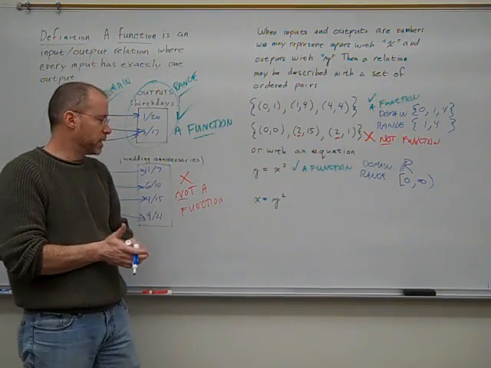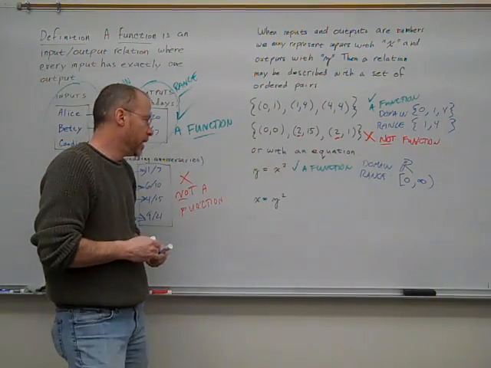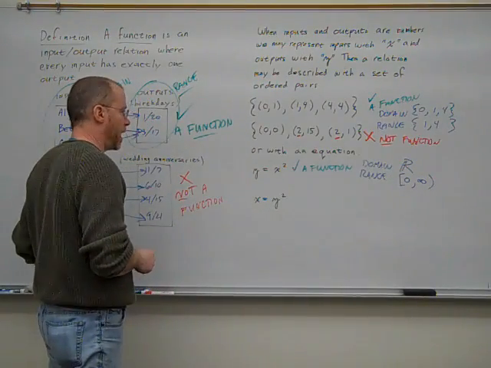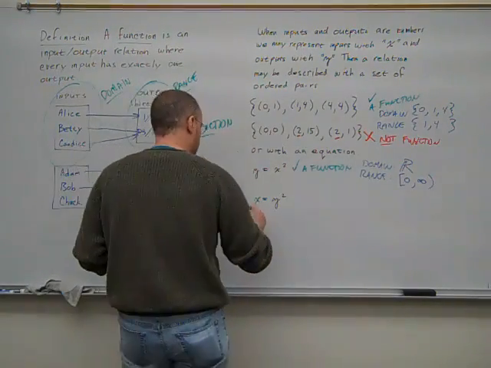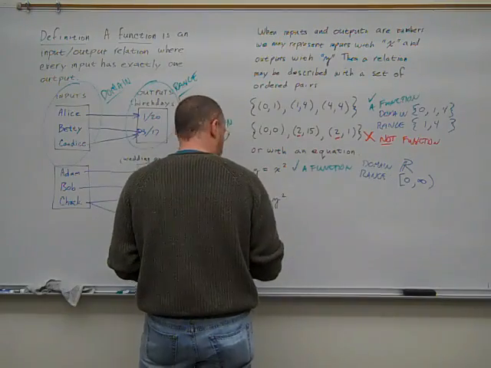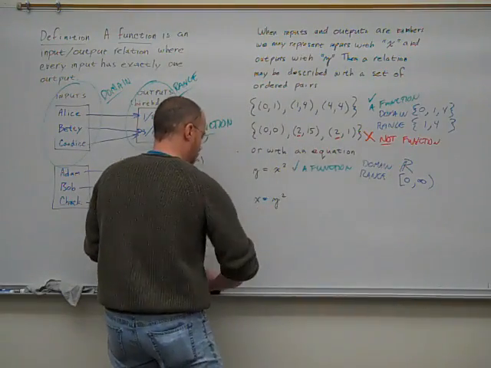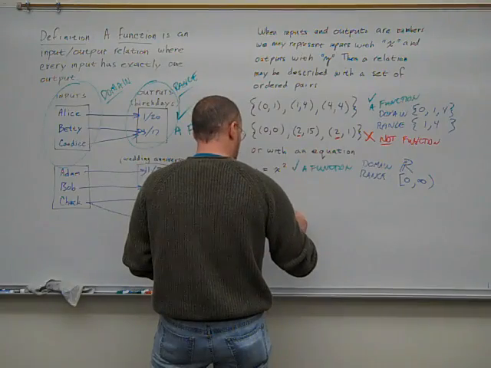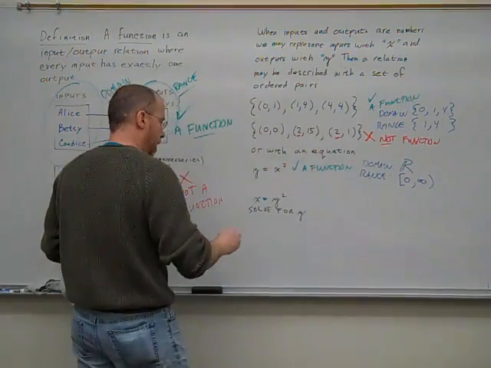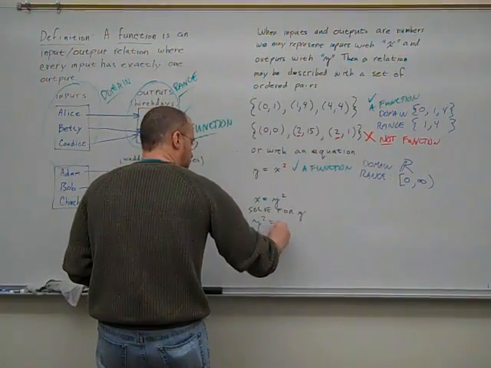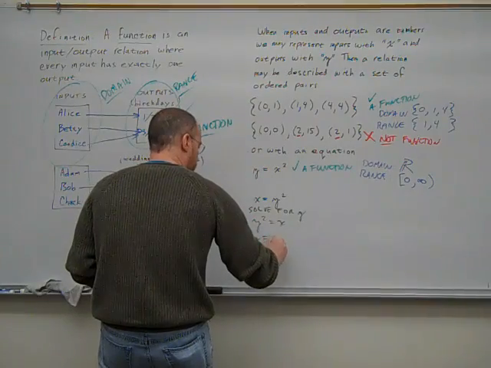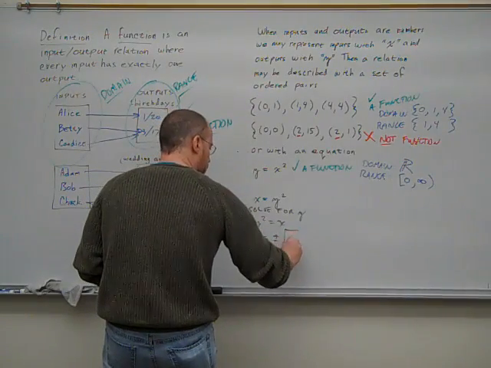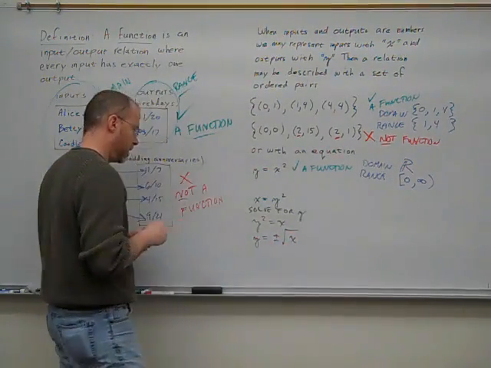Generally, the easiest way to see that this is going on is to try to solve for y explicitly. Solve for y. And let's see, y squared is x, y is one of the square roots of x, plus or minus.